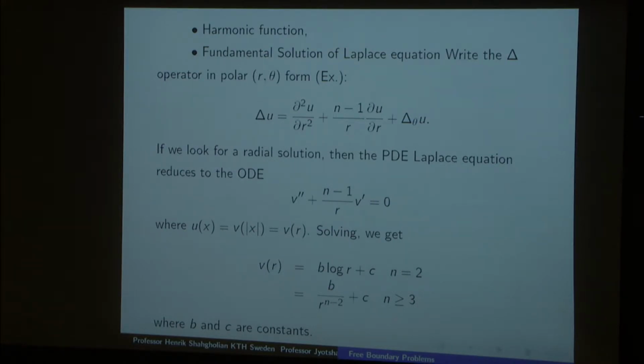Okay, and if we are trying to solve only for radial solutions, so solutions which are not going to depend on your theta variable, then the theta terms will vanish. If it is a function of r alone, you have no derivatives with respect to theta, and you are just left with an ordinary differential equation.